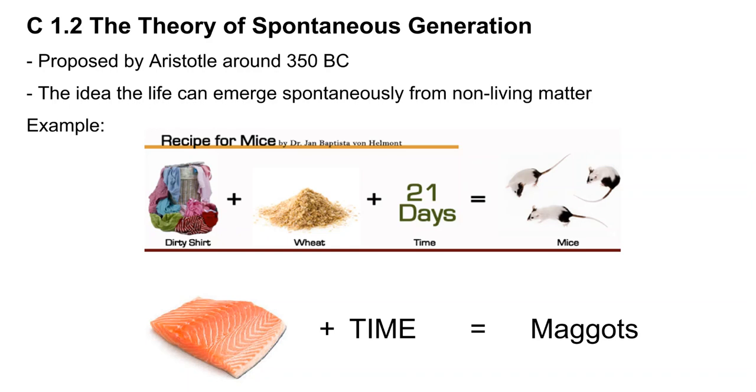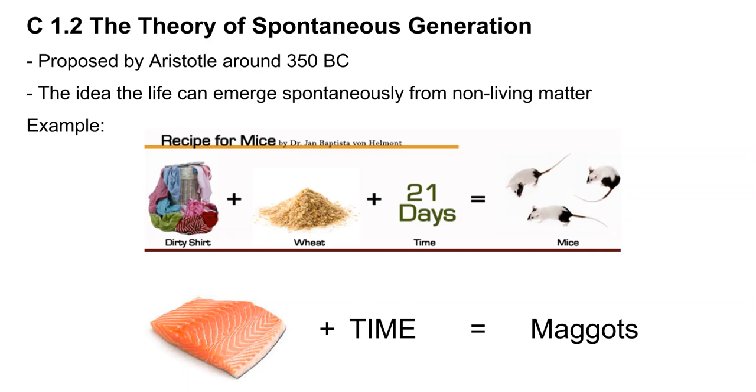Another example, and I purposely didn't include some pictures here because I know it can make people a little bit queasy. They're kind of uneasy with the idea of this, but that's okay. So if you take certain types of food, specifically meat, like salmon or whatever, and you give it a little bit of time, it's going to start to spoil or go rotten.